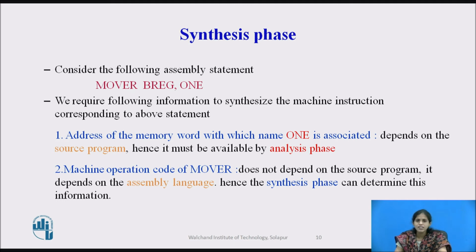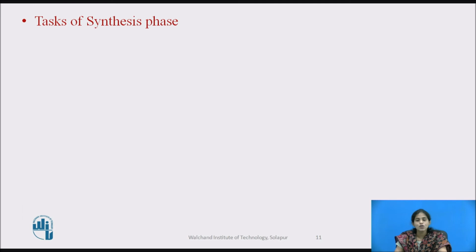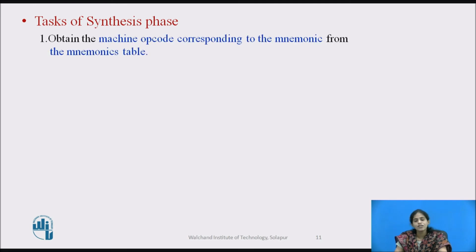So to synthesize the machine instruction for a statement, we require the address of the memory word with which the respective symbolic name is associated, and also the machine operation code of the respective mnemonic. Now we see the tasks of the synthesis phase. The first task is to obtain the machine opcode corresponding to the mnemonic from the mnemonic table.